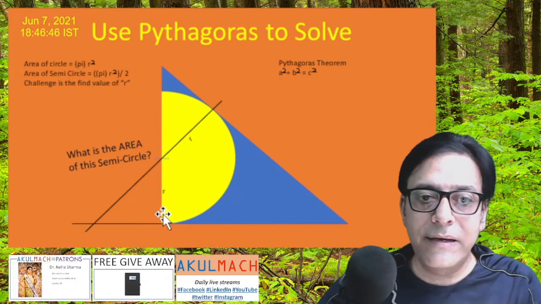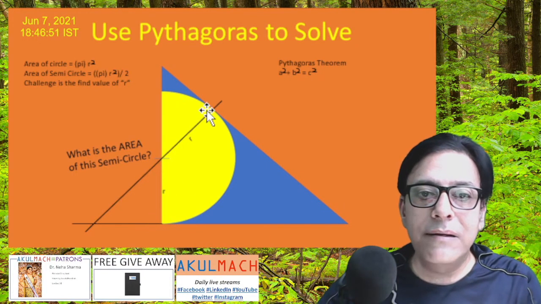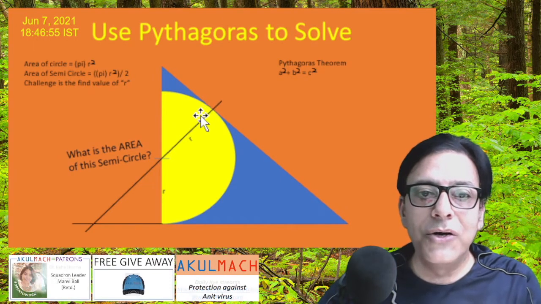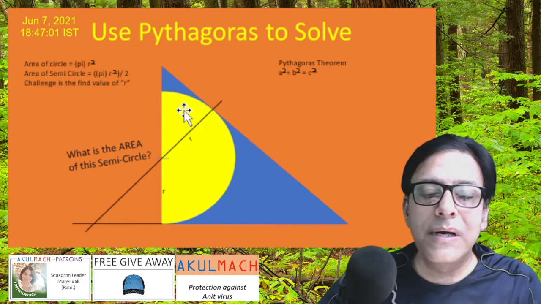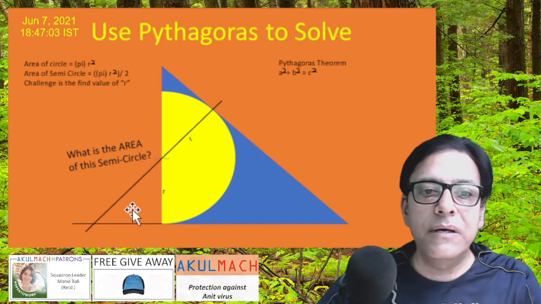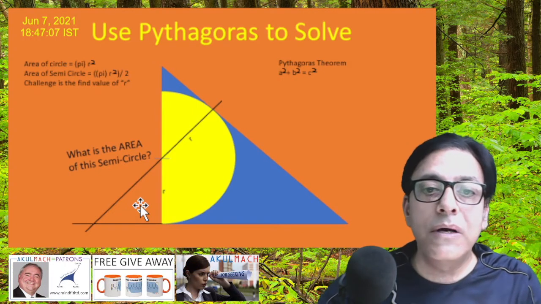So this is a 90-degree angle in the triangle which is outside our figure, and this is a 90-degree angle in the triangle inside the figure. And these two triangles are absolutely similar in dimensions, so we can take this one or this one, it doesn't matter. We can take either of them to solve our problem, to find out what is R.